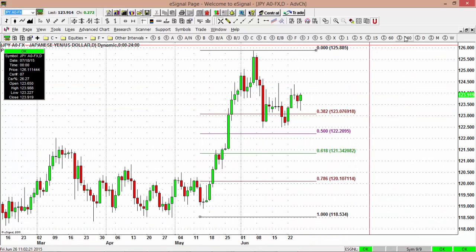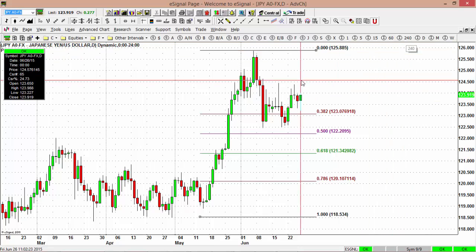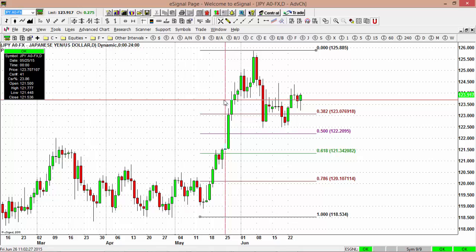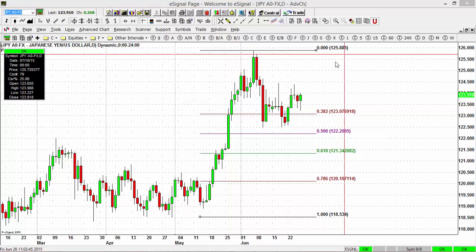The next area of resistance will be the previous high made in early June at the 125.88 level. We're still at 123.91 as of this recording, so we have a couple hundred pips before we hit the 125.88 level.